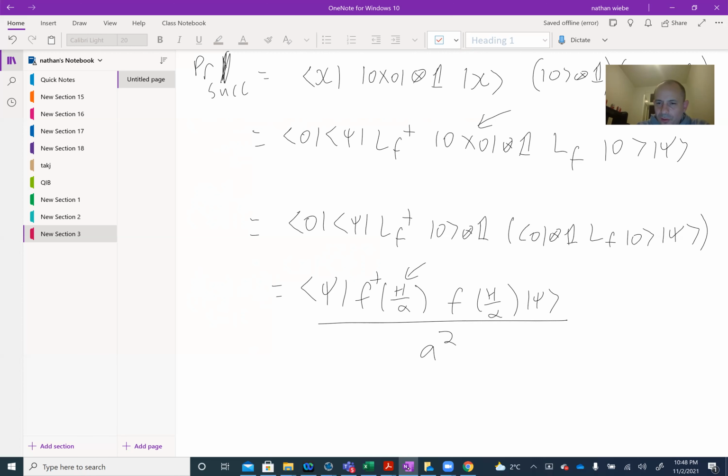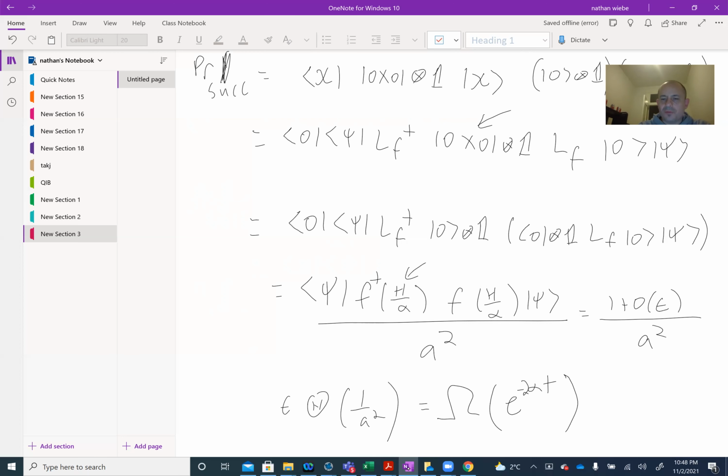So therefore, this is equal to 1 plus correction terms that are of order epsilon divided by alpha squared, which is in theta 1 over A squared. So the probability of success for our nearly unitary circuit is really dictated by this value of A, which we argued is in omega e to the minus alpha t. I guess there should be a 2 here.